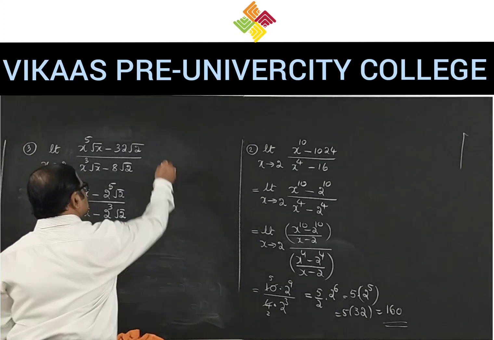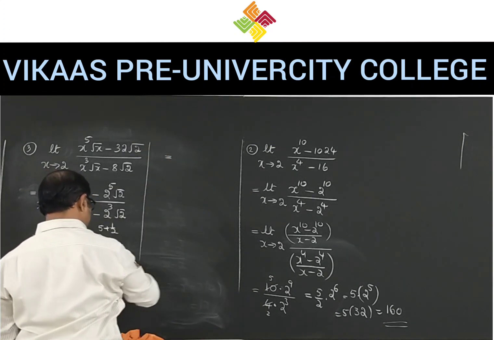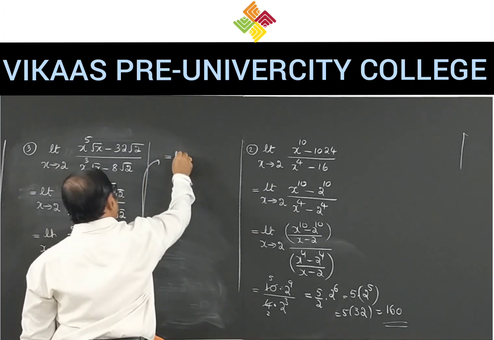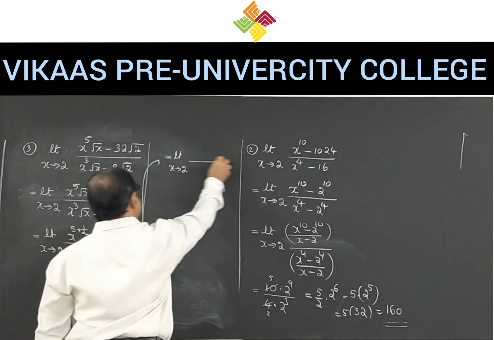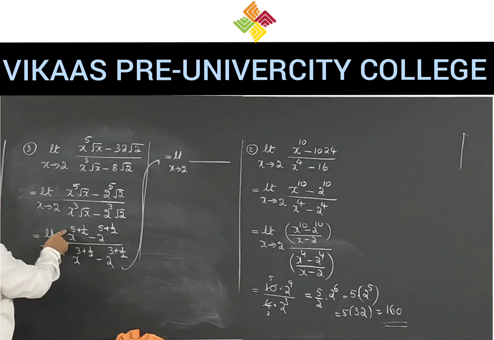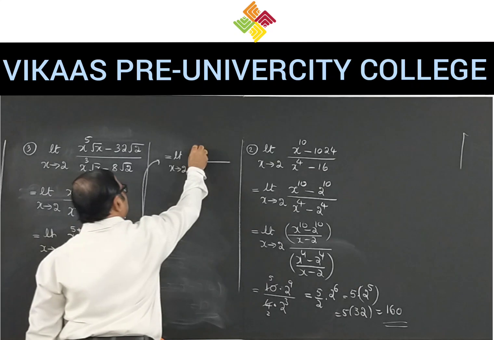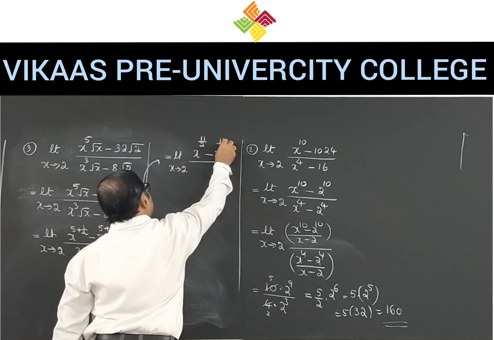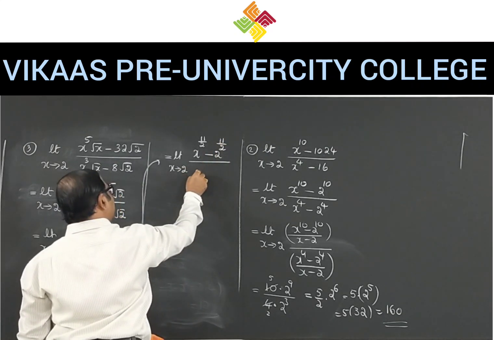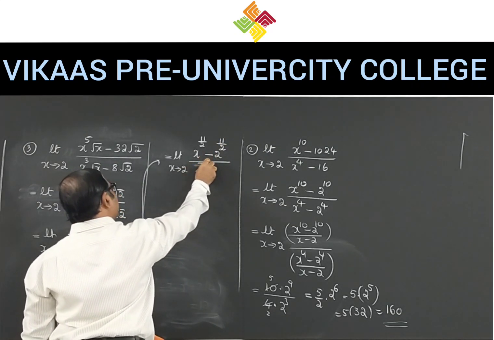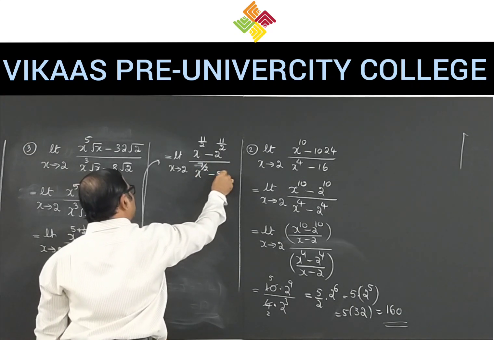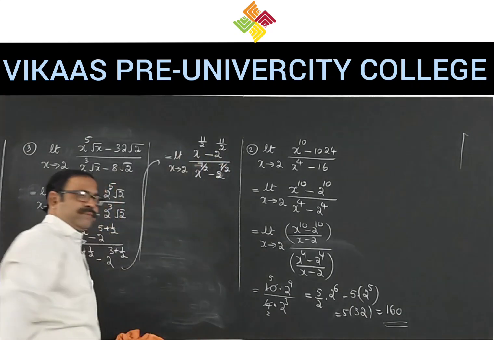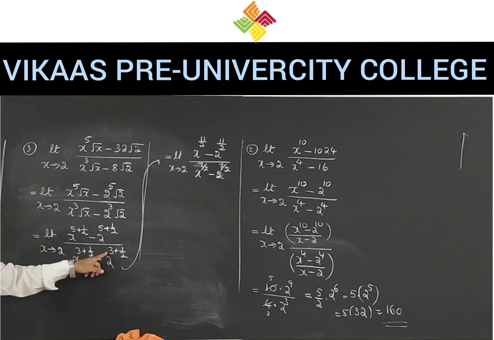Now it becomes, I continue here, limit x tending to 2: 5 plus half is 11 by 2, so x power 11 by 2 minus 2 power 11 by 2, divided by x power 7 by 2 minus 2 power 7 by 2. Here 3 plus half is 7 by 2.